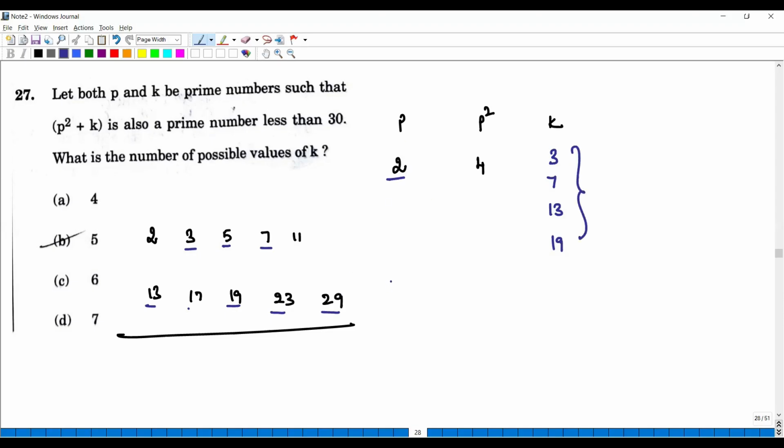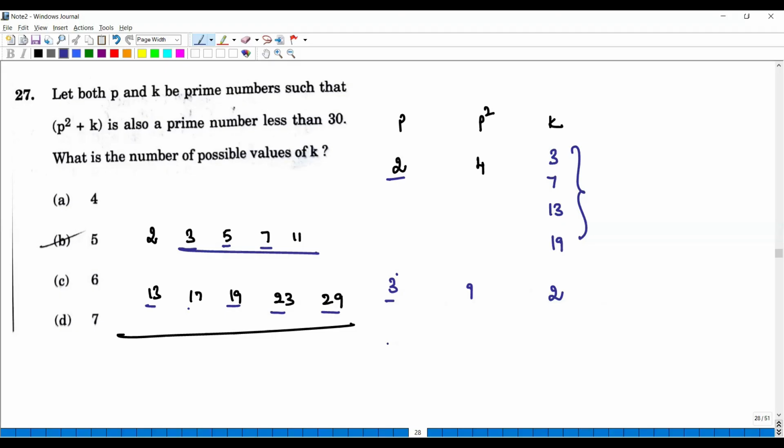When p value is 3, it won't be possible. So again, if p value is 3, p square is 9. So 9 plus 2 is 11. So I can take k value as 2. Then no other odd number gives you a prime number.